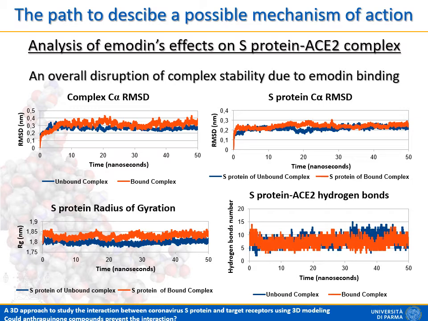It was able to increase the radius of gyration, which indicates the unfolding process, and it was also able to reduce the number of polar and non-polar protein-protein contacts. So also in the case of the spike protein-ACE2 complex, Emodin was able to disrupt the protein-protein complex formation.